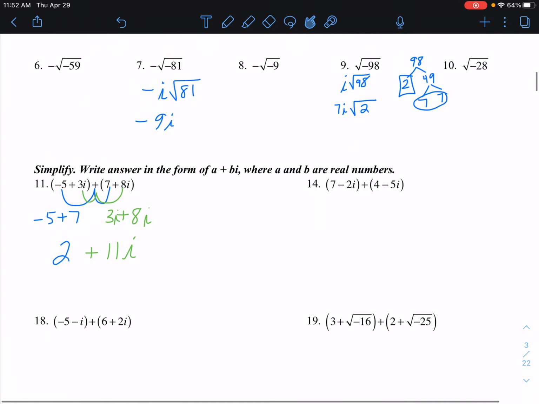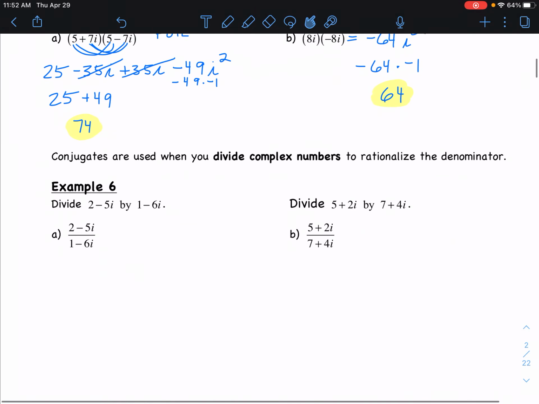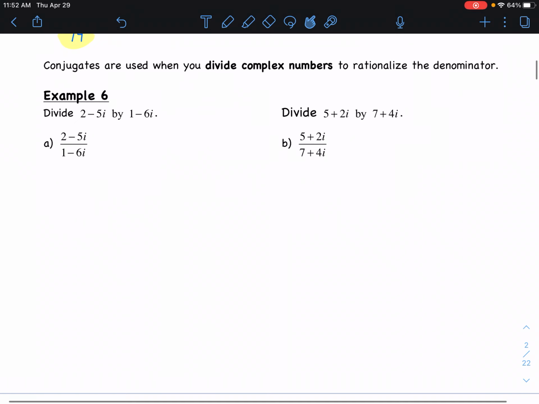All right, why is that important leads us to the next part. If we have a fraction, there's certain rules for fractions. The denominators are not ever allowed to have 0 in them, or else it's undefined. They're not allowed to have radicals in them. You guys have learned those two things before.